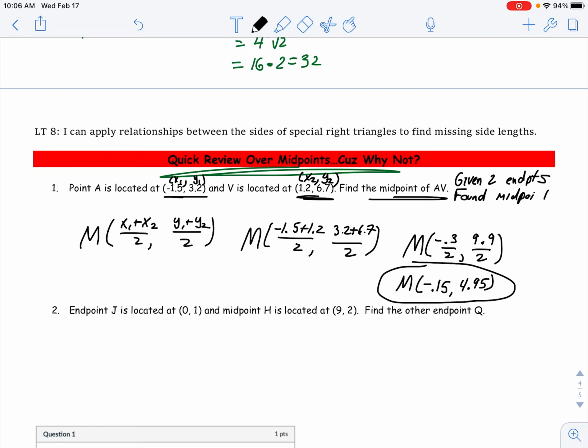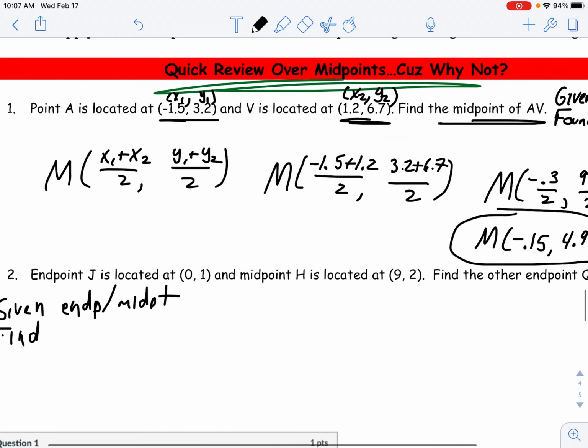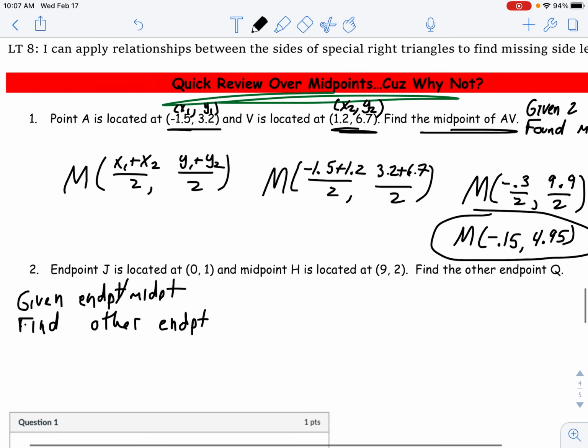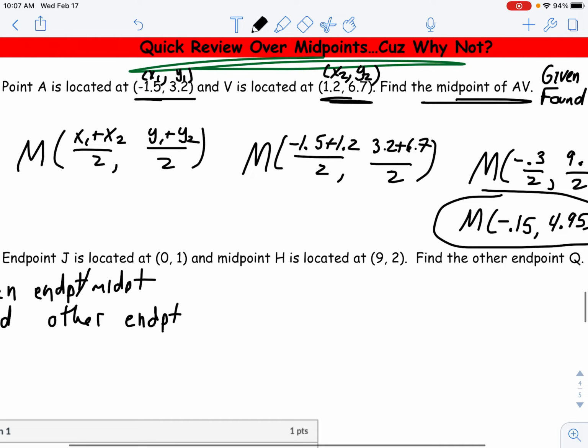Find the other endpoint Q. So here we're given an endpoint and the midpoint. We need to find the other endpoint. All right. So again, we've done problems like this, just been a while. That's why we're brushing up on our skills.